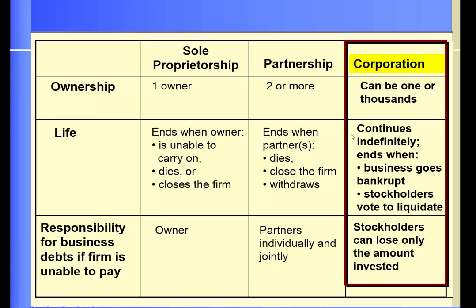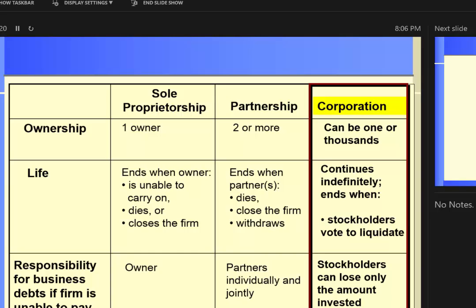Okay? So the life of a corporation continues indefinitely, and it only ends when the stockholders vote to liquidate. Responsibility for business debts: if the firm is unable to pay, the stockholders can only lose the amount that they invested in their stock.